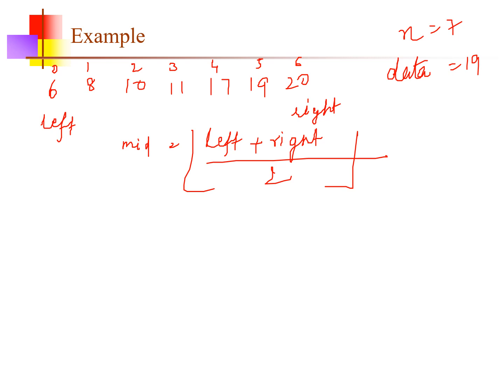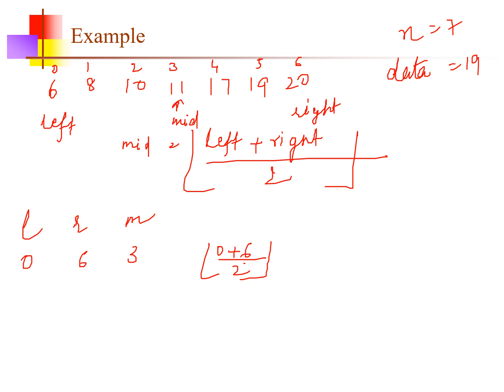If I make a table here of left, right, and mid, the position of left is 0, the position of right is 6, and mid is 0 plus 6 floor division by 2, which will give you 3. So the mid position will be 3. So here this one will be mid in the first case, right?